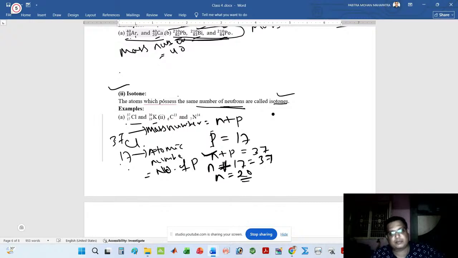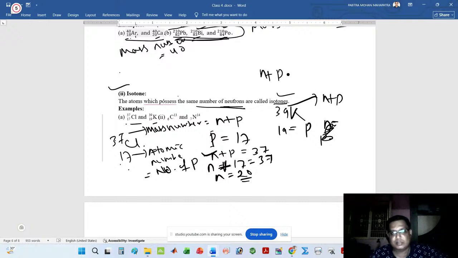Now I want to check for potassium. If you think about potassium, that is 39, 19. This is your n plus p, and this is your p. Now you will find the n value. Here we can say that n plus p is equal to 39, and p is 19.